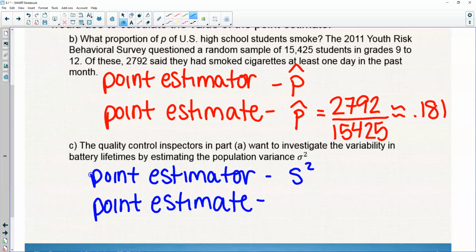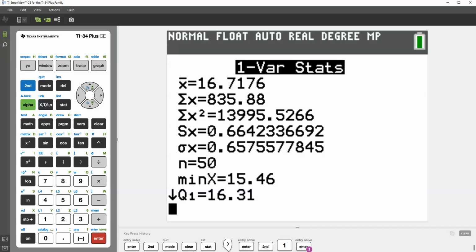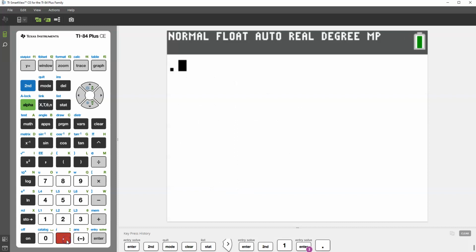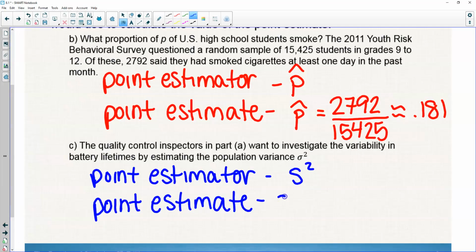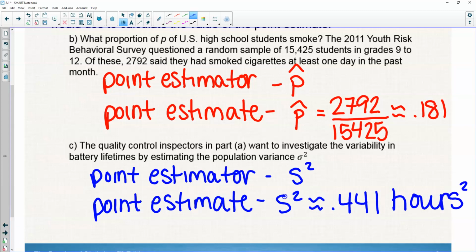But we should, off of our calculator, already have s. So that's the 0.664 that we see there. So we would just square that, 0.664 squared, about 0.441 if we round to 3 decimal places. That would be our s squared.